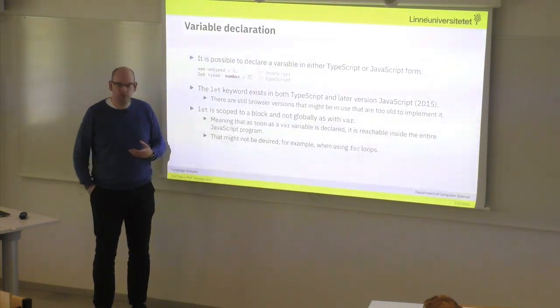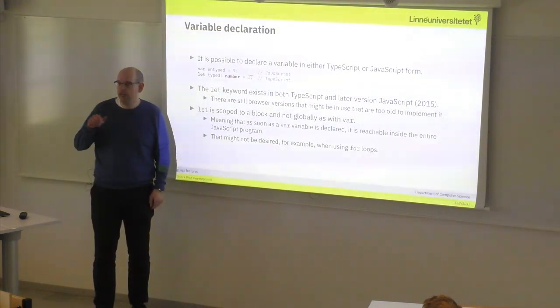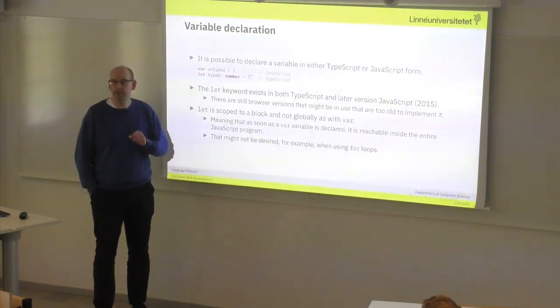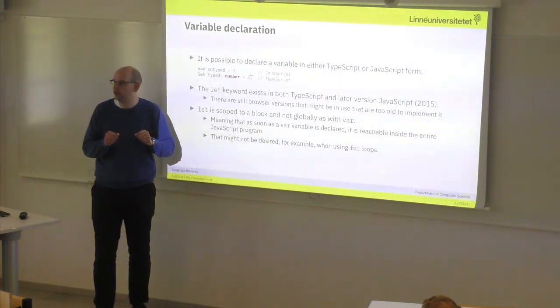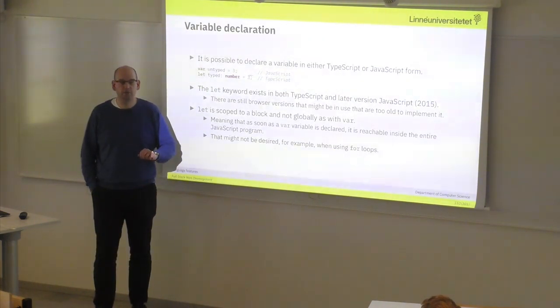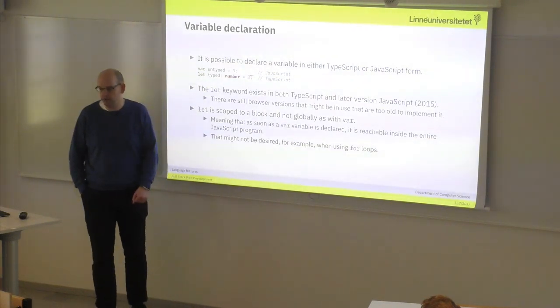And if we assign it to three, T-H-R-E-E, the letters, then we have a string, and we don't have to say that it is a string, because it knows that. And it will not change it. We will still get errors later on.